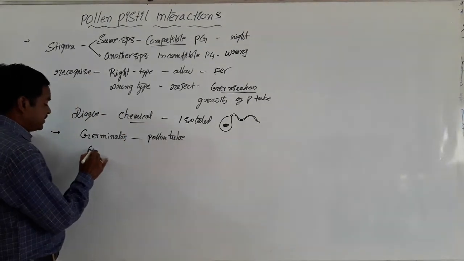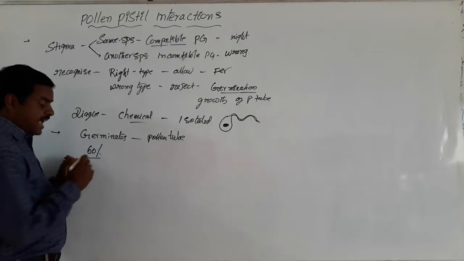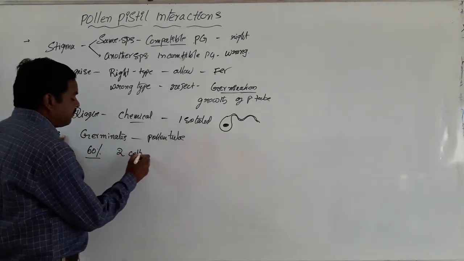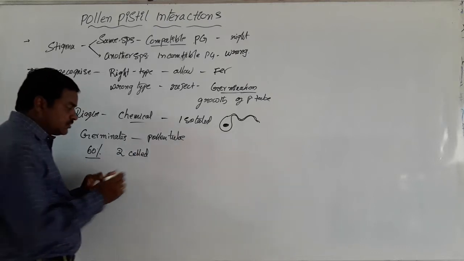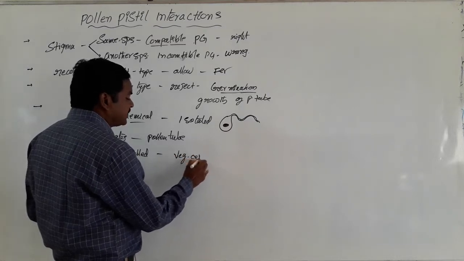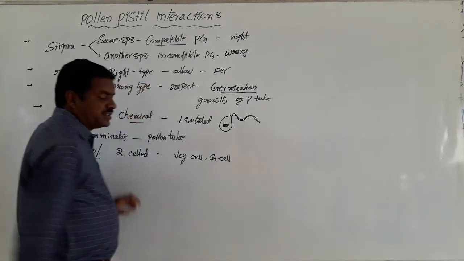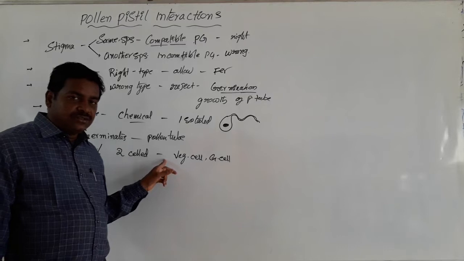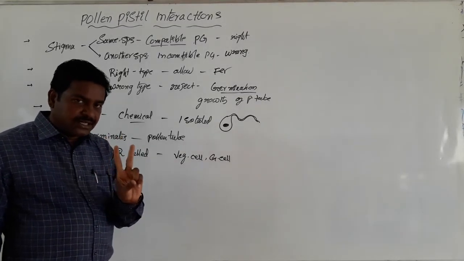In 60% of angiosperms, pollen grains are released from the anther at the 2-cell stage.